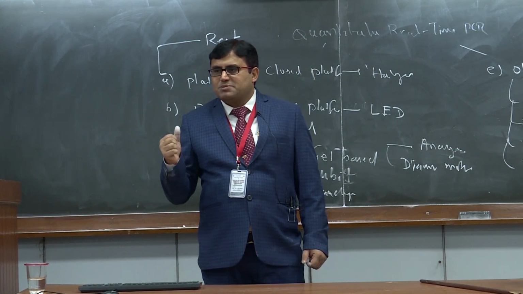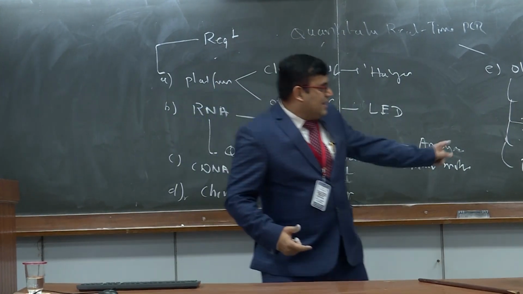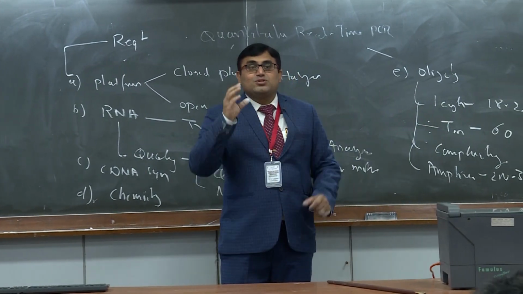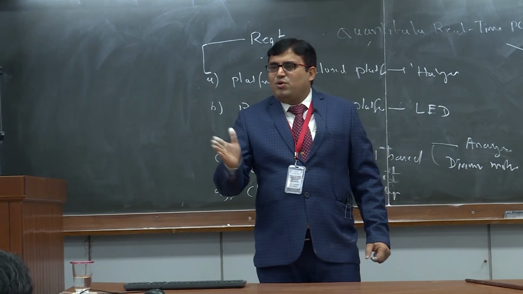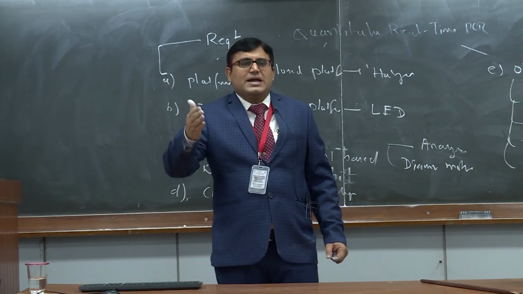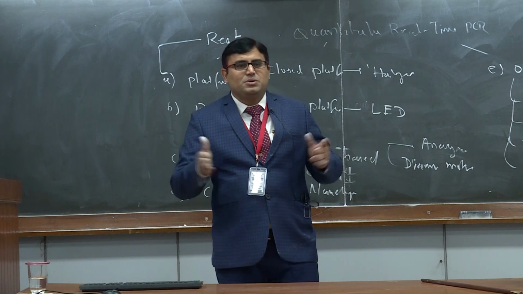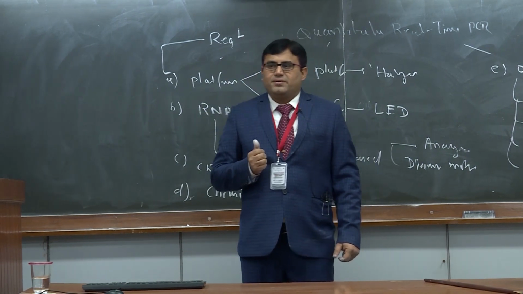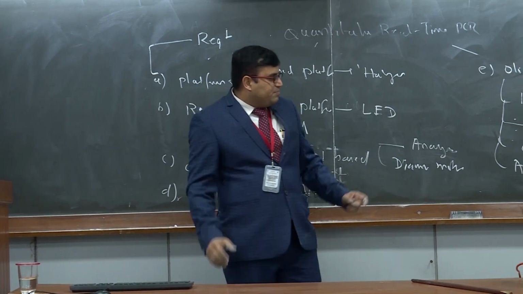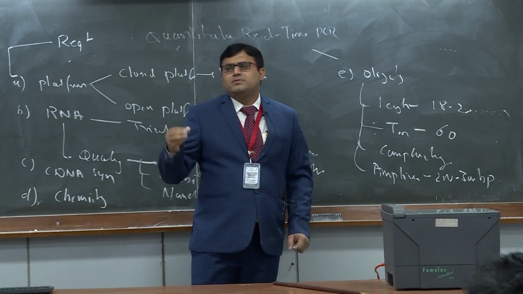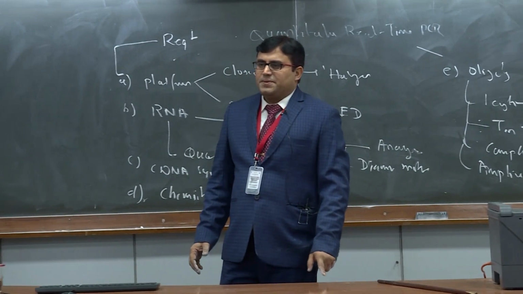It will represent the expression. But with the length, because your SYBR dye is limited, the SYBR will go on intercalating, so maybe within a few cycles all your SYBR will be consumed and then the PCR will be limited. So in order to get more accurate results, we prefer an amplicon size of 200 to 300 base pair.